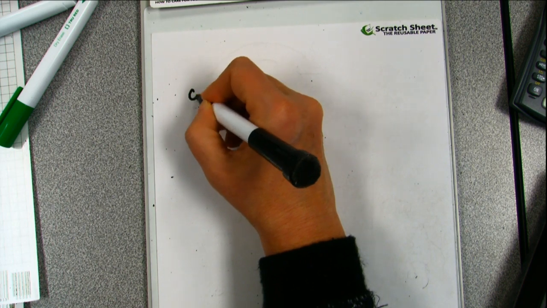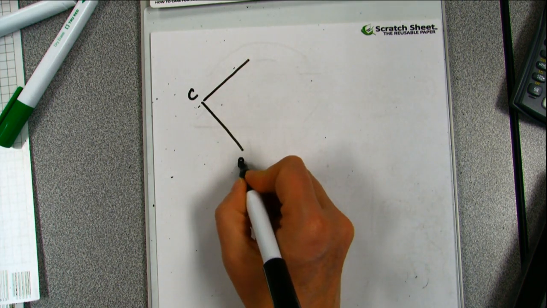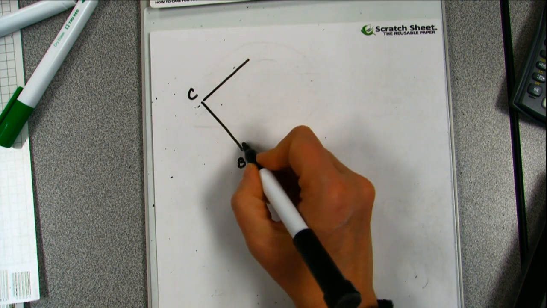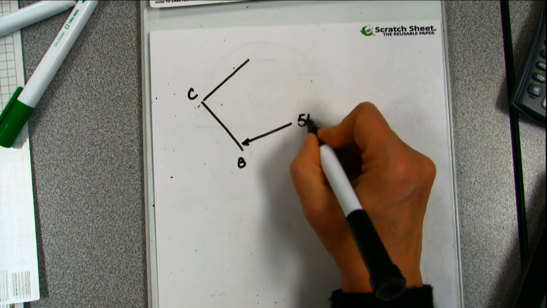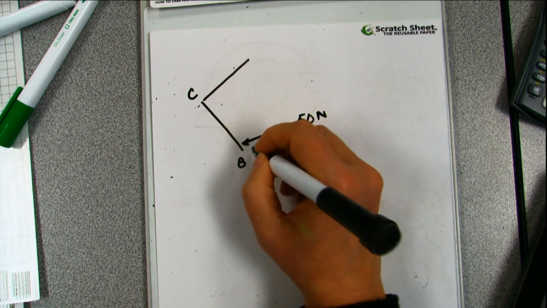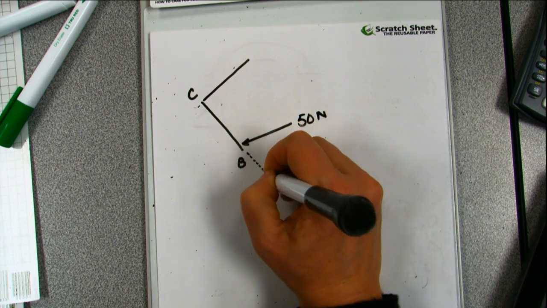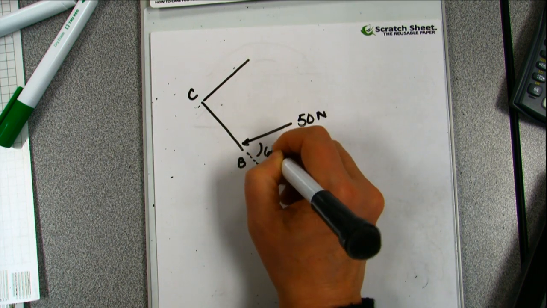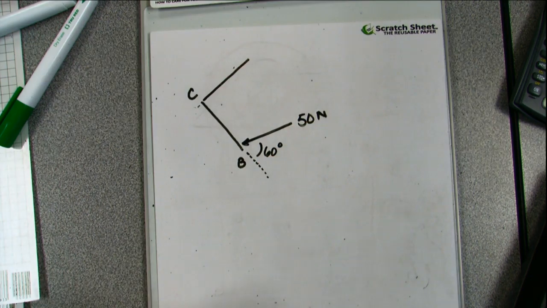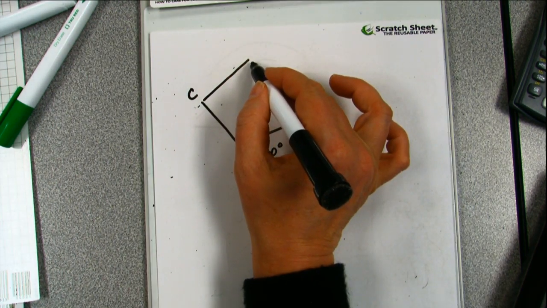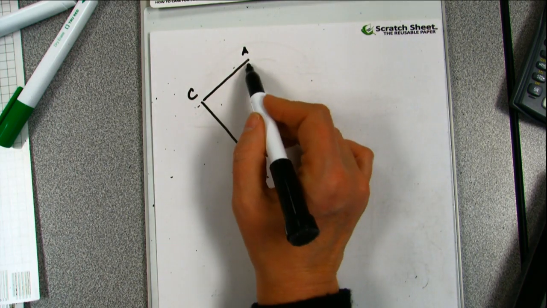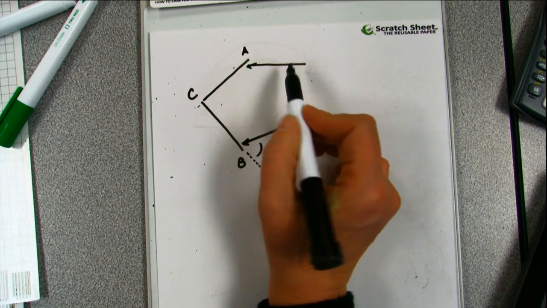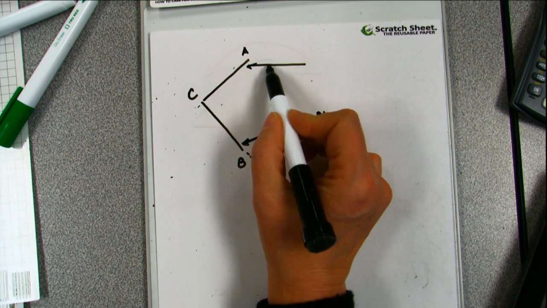This is point C, this is point B. I've got a force being applied here of 50 newtons at 60 degrees. This is A, and I've got a force being applied here.